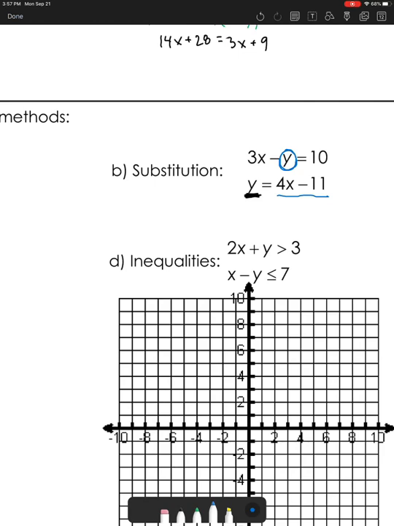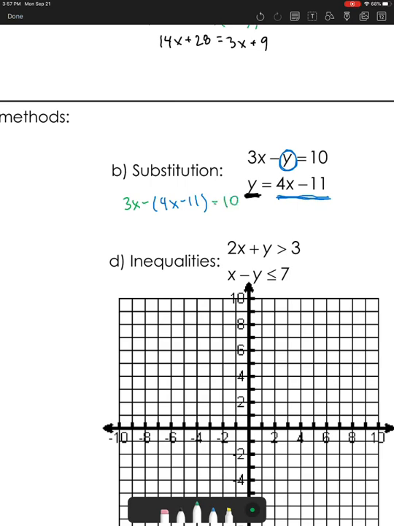So that means we plug in what y is equal to into y in the other equation. So what this means is the first equation is now going to look like 3x minus, now I'm going to plug in what y is equal to in the second equation for y in the first equation. So that is 4x minus 11, and that is equal to 10, okay?